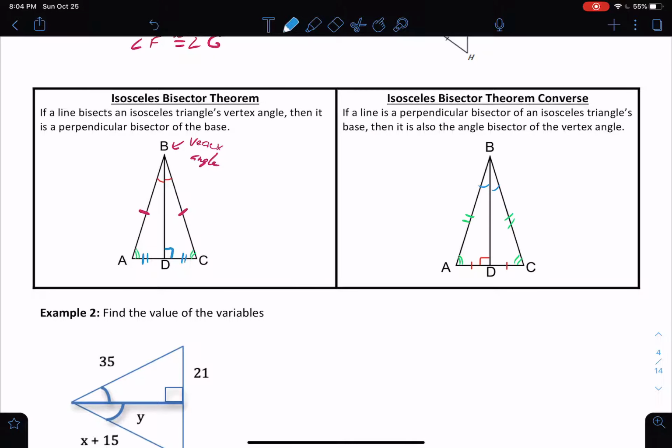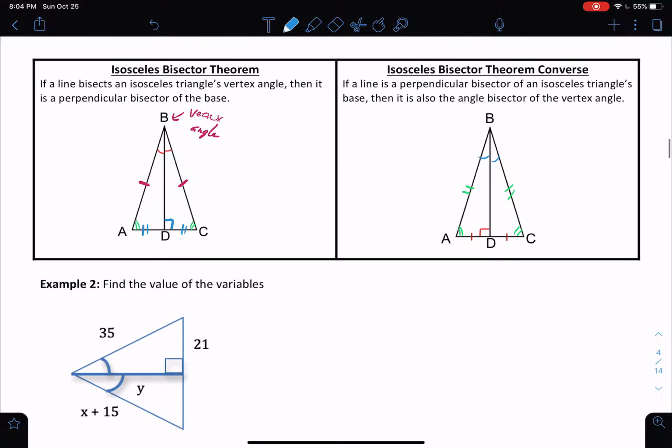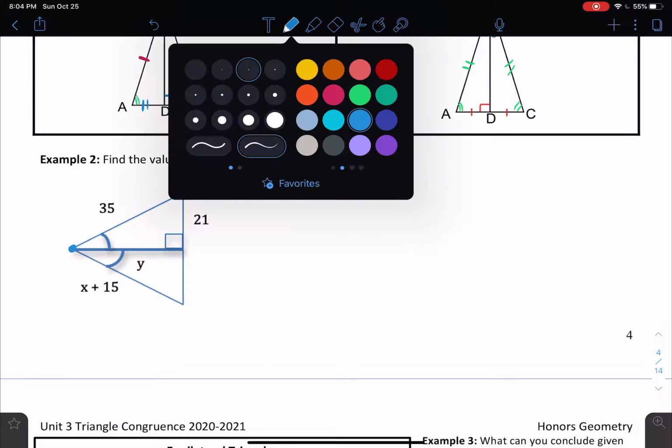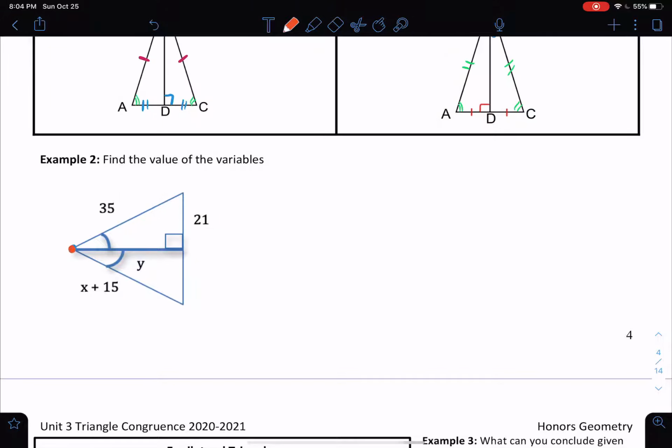Okay? Now, we can use these properties to find missing parts of a triangle. So in example 2, we're dealing with an isosceles triangle here. The line inside is cutting this angle in half. So this is my vertex angle, which means that my green angle swoops are my base angles.